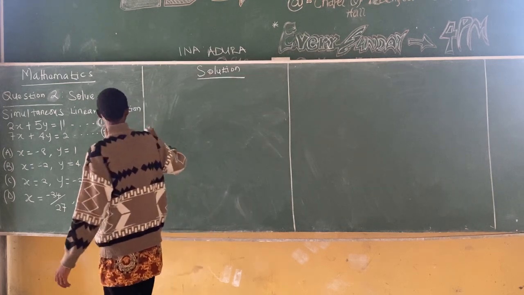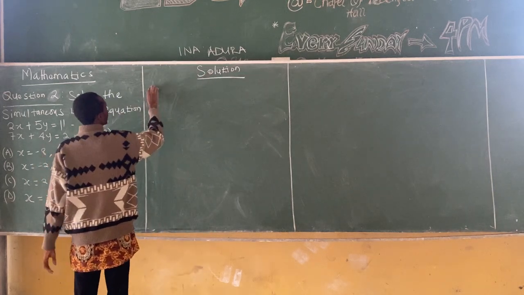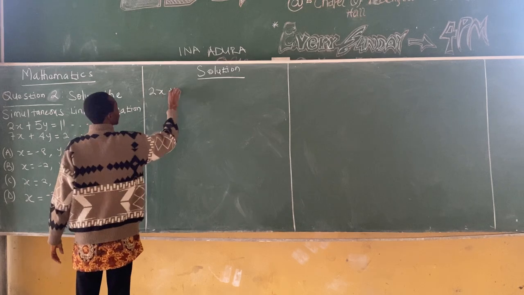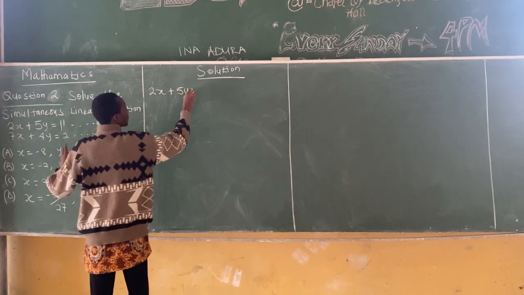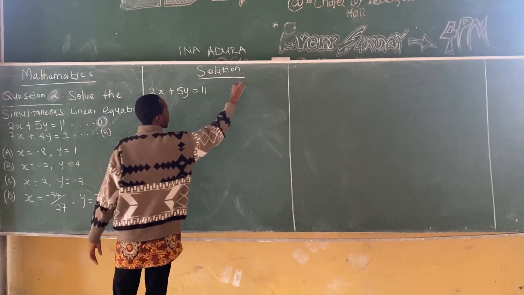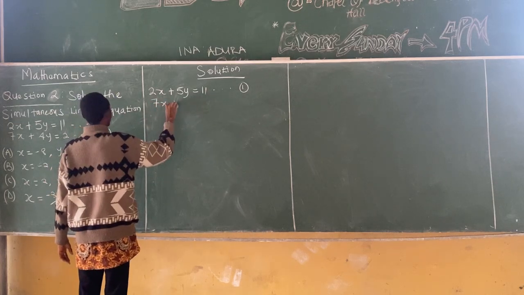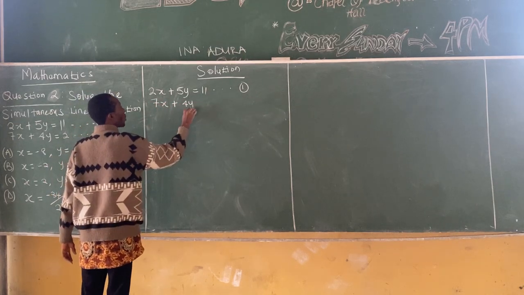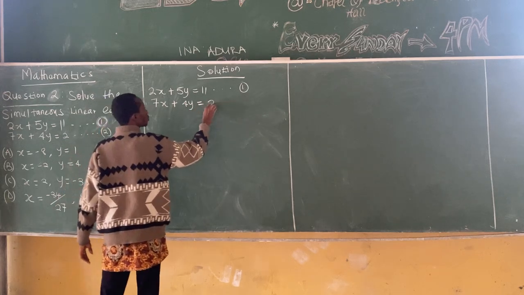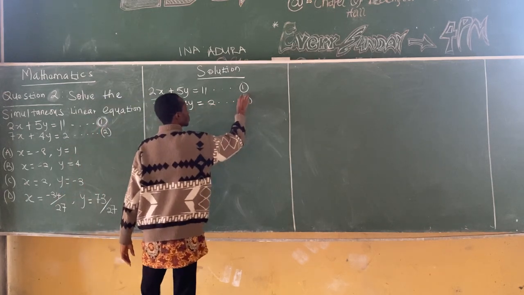We have 2x plus 5y equal 11. This is our equation 1. We also have 7x plus 4y equal 2. This is our equation 2.